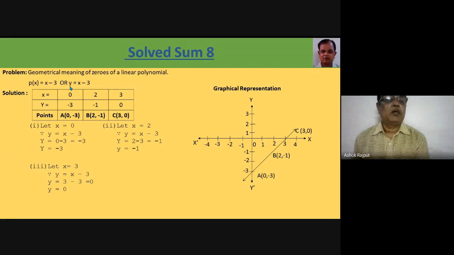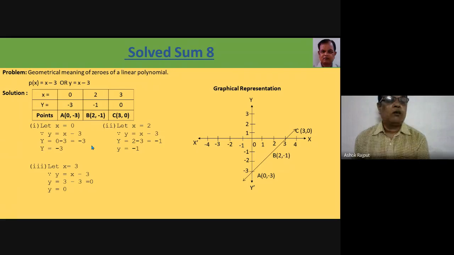As we have made this type of table with x and y, first we have taken the value of x as 0. We have written the polynomial y equal to x minus 3 and put x value 0.